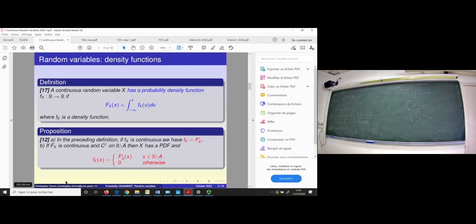Now to compute this, it's the easy case where I have a primitive for what I have inside. What is a primitive for this one? Minus exponential minus lambda x. I take this primitive, using the notation of my little document concerning integrals in the course, between plus infinity and z.